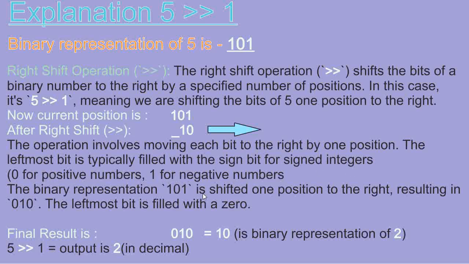The binary representation 101 is shifted one position to the right, resulting in 010. The leftmost bit is filled with a 0. So the final result is 010, which equals 10, which is the binary representation of 2.